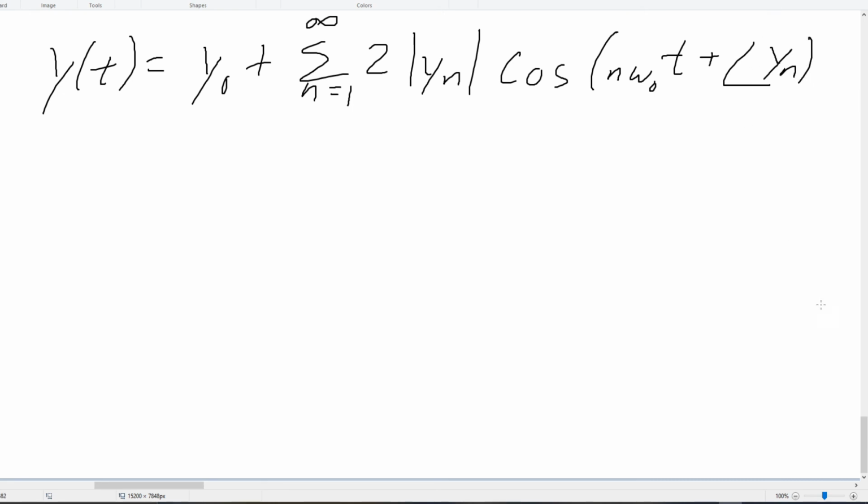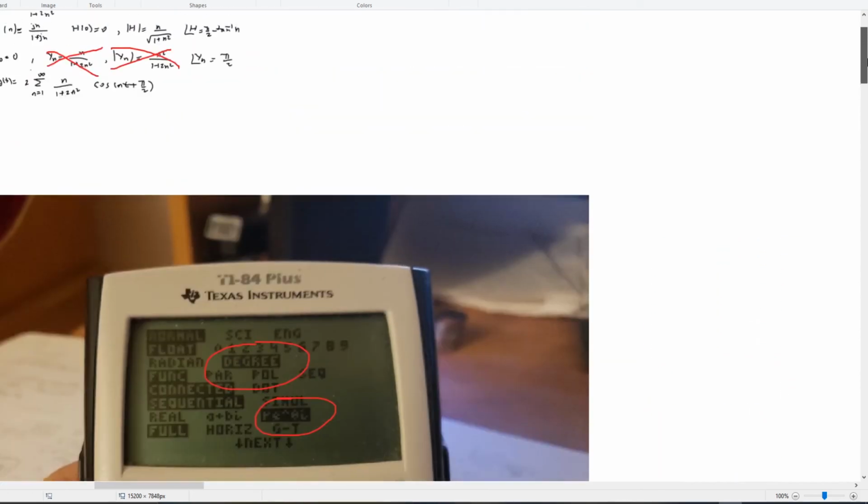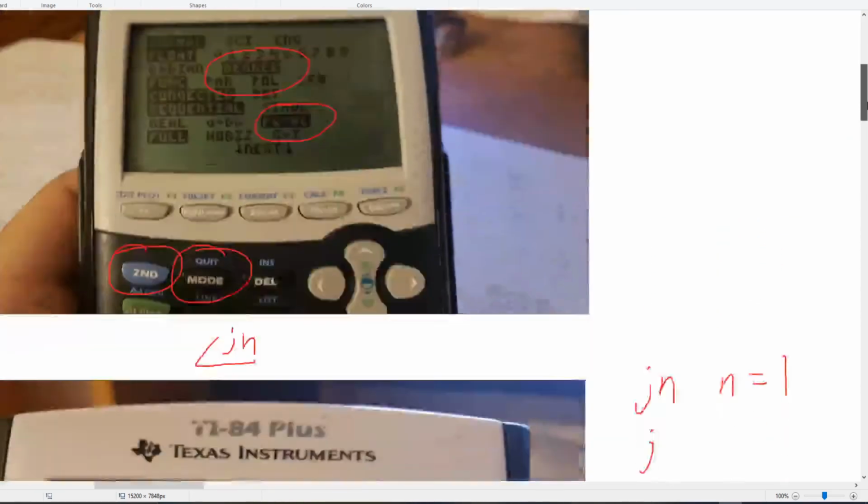Oh my god, that's a big equation. And basically, wait, hold on. Let me just make sure. Yep, it's multiplied by cosine.